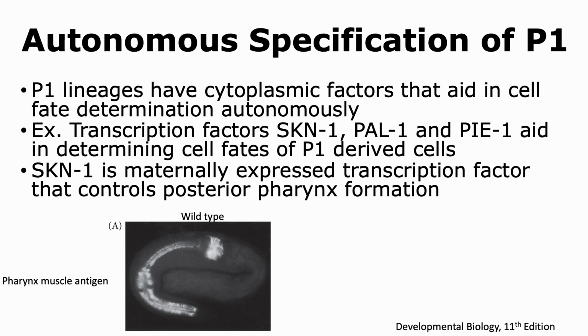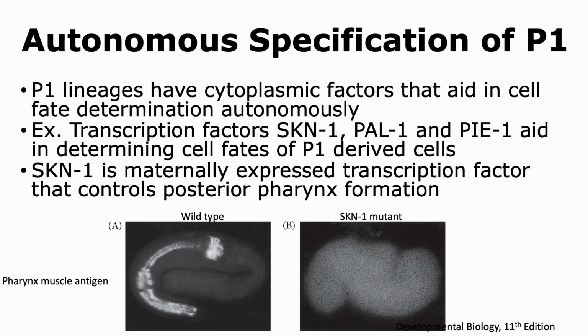Now let us look at whether these muscles develop in an SKN1 mutant. In the case of the SKN1 mutant, we can see there is no pharynx muscle development. And thus SKN1 is important in the formation of the posterior pharynx and its muscles.